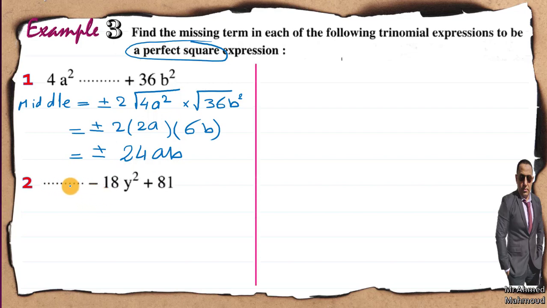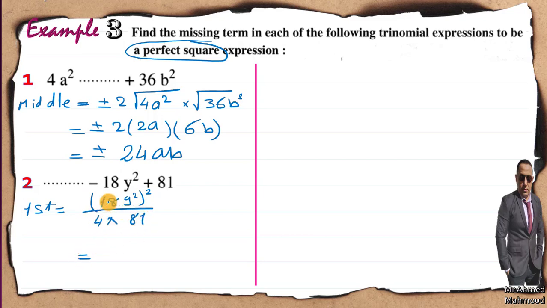Okay, number 2. Here the missing term is the first, so the first equals the middle to the power of 2, 18y to the power of 2, all to the power of 2 over 4 times 81.